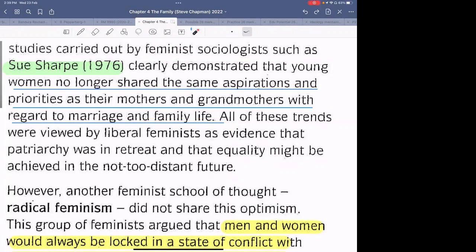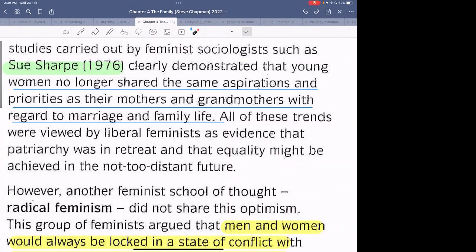So Sue Sharp's 1976 study of women, working class schoolgirls in the 1970s showed that their main priorities for the future were love, marriage, husbands, and children. When she repeated the study in 1990s, she found significant change, right? Do we get this? She found significant changes. Now the girls' main concerns were job, career, and being able to support themselves. Okay? So there was a shift in terms of priorities.